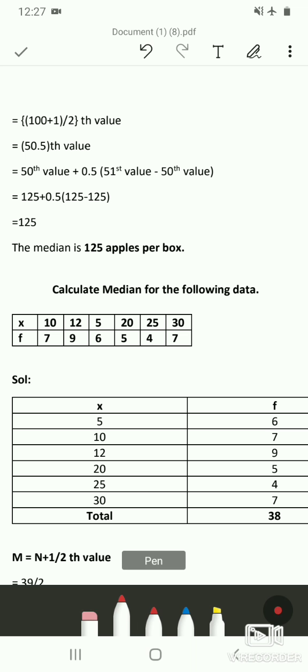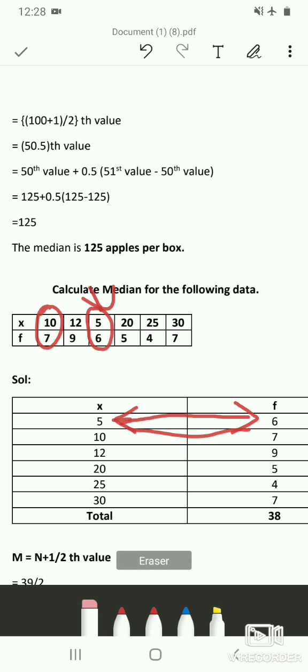You can see the data is not arranged, so the first step is to arrange the data. 5 is the least value, and write down its corresponding frequency, that is 6. You should also include the corresponding frequency. Don't just write 5 and 7, 9, 6, 4 in sequence. Write the value along with its frequency. Similarly, the next data would be 10 and 7.